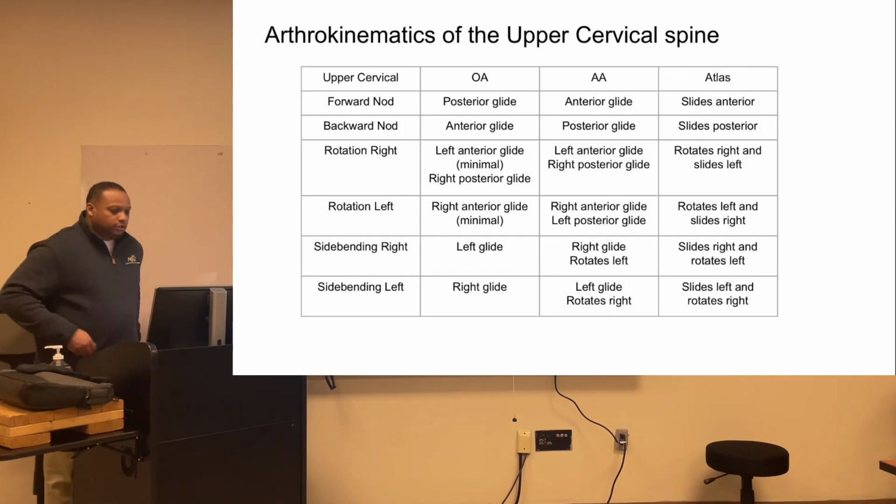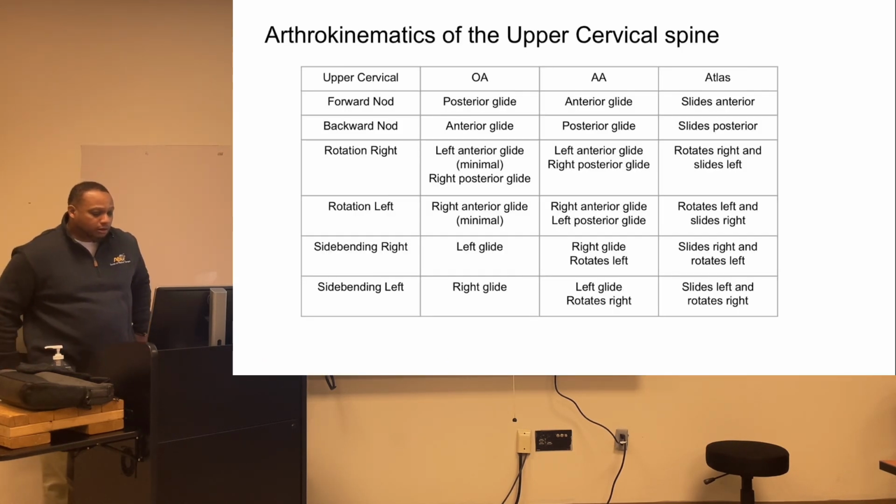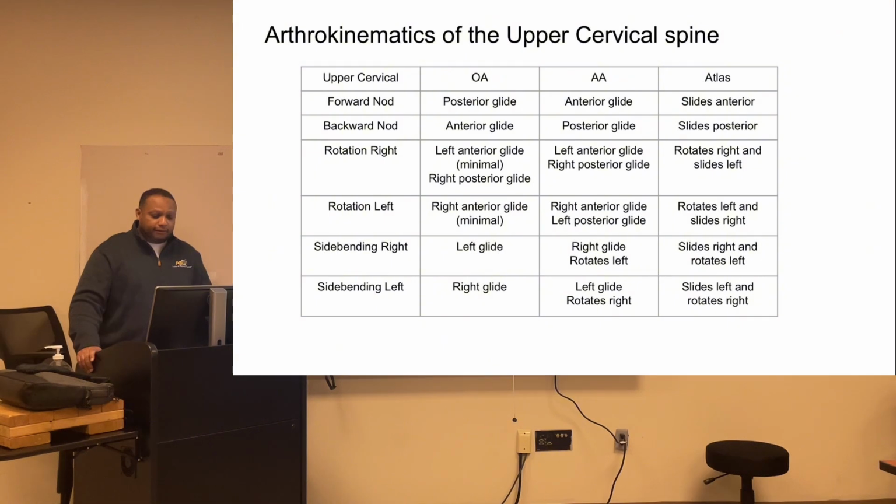Okay, so if you look at the orthokinematics of the upper cervical spine, we've already discussed the upper cervical spine consists of the articulation of the occipital condyles and the atlas, and also the articulation between the atlas and the axis.